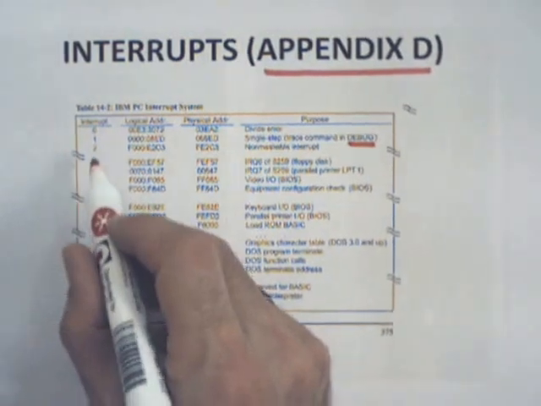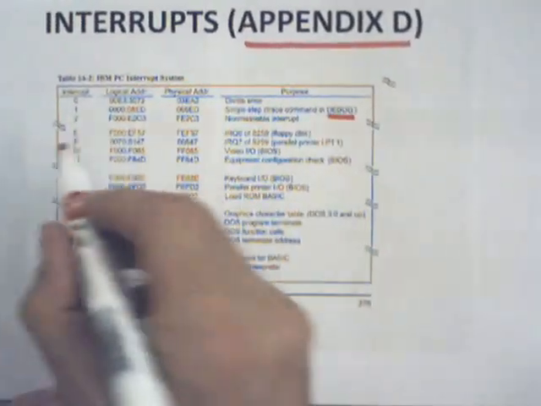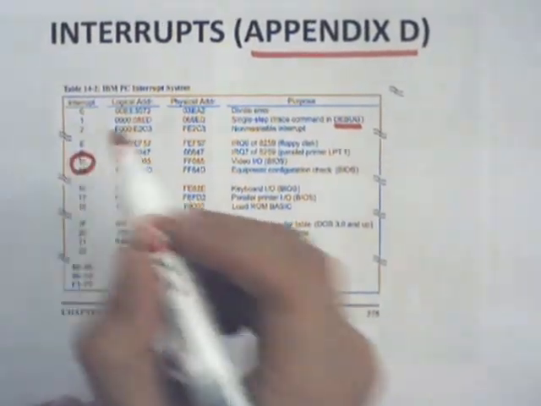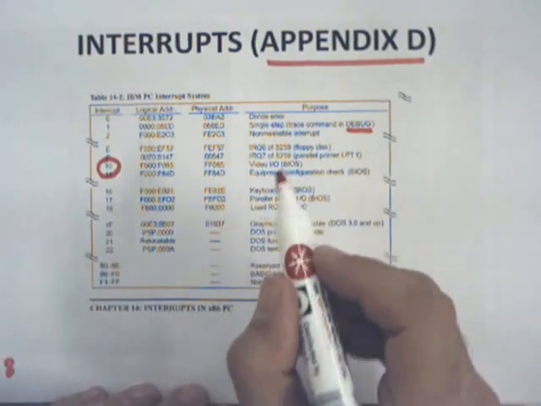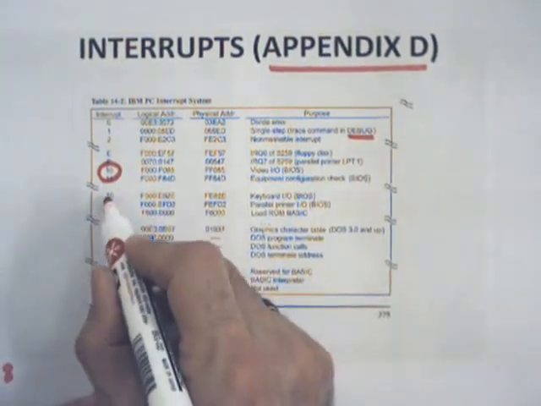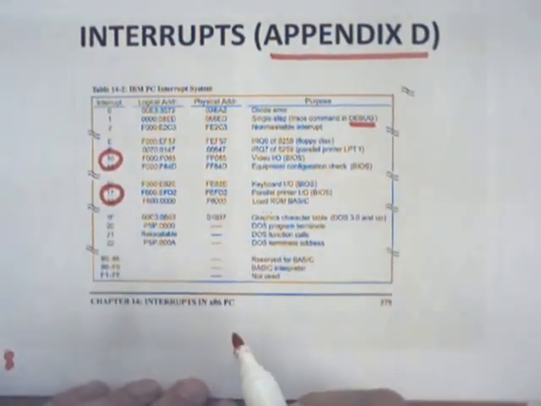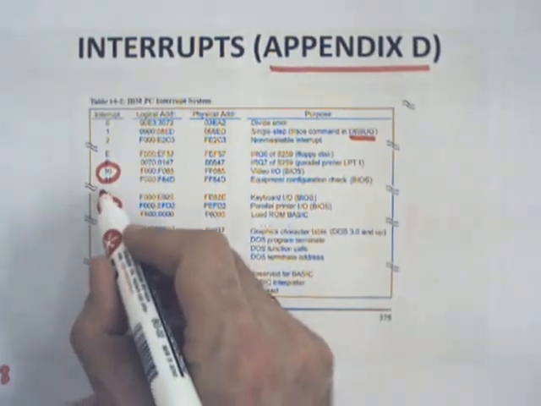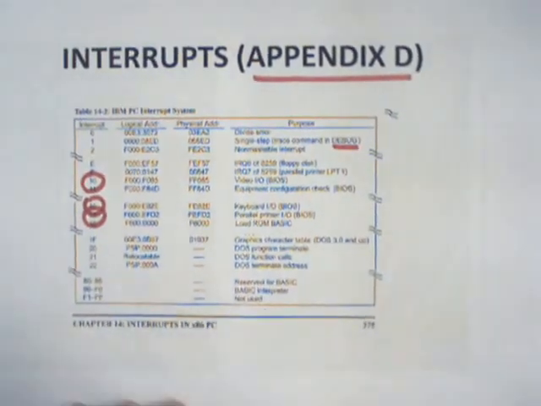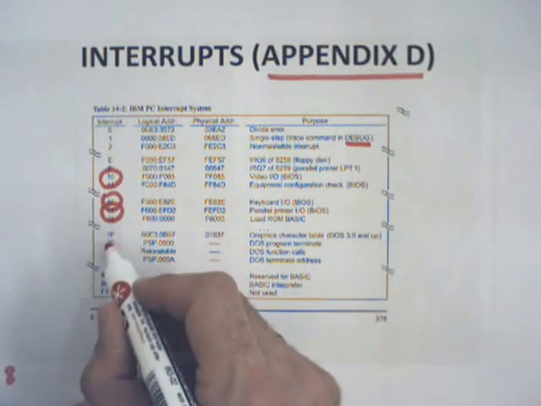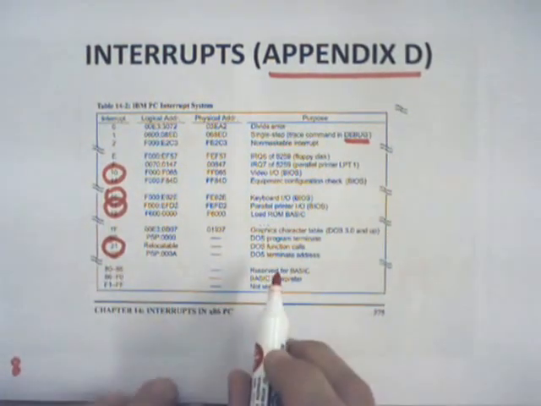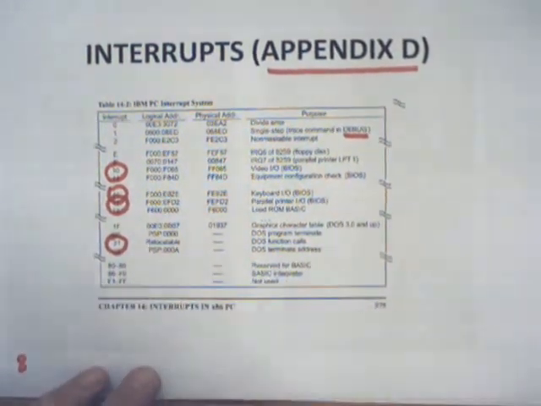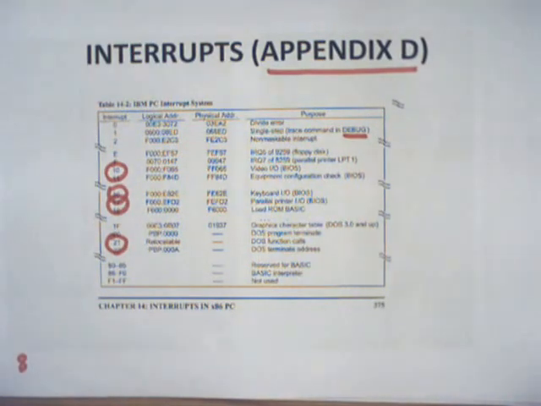In our course in the university, interrupt number 10 hexadecimal, interrupt number 17 hexadecimal, 16 hexadecimal, and 21 hexadecimal are the most frequently used ones. So we will concentrate on these interrupts.